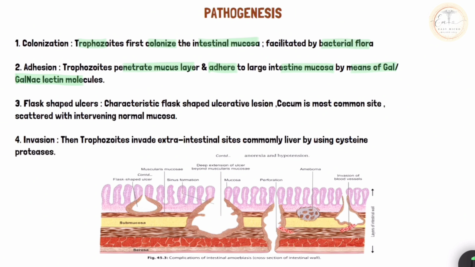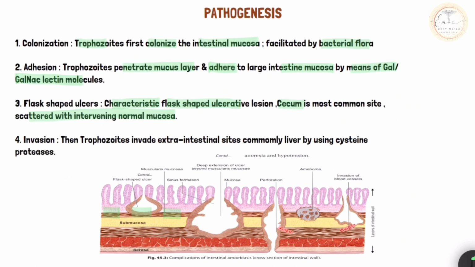After penetrating the mucus layer, they form the characteristic flask-shaped ulcers. These ulcers are most commonly seen in the cecum, and they occur scattered with intervening normal mucosa. I mean, normal mucosa, ulcer, normal mucosa, ulcer, normal mucosa, ulcer. In this manner, they are scattered with intervening normal mucosa.